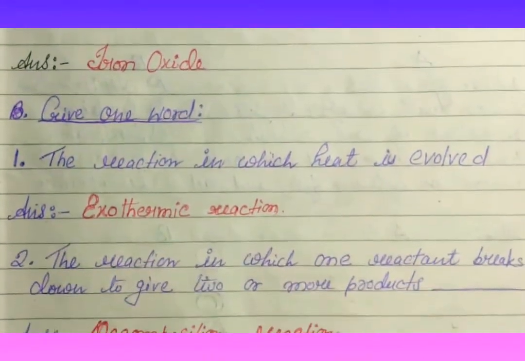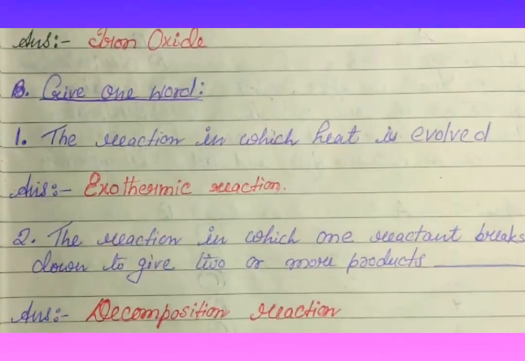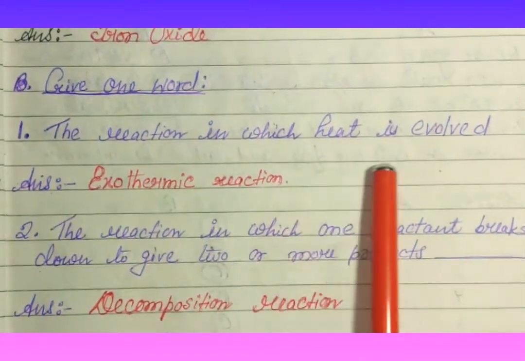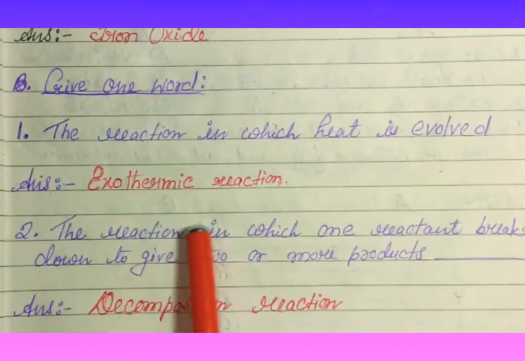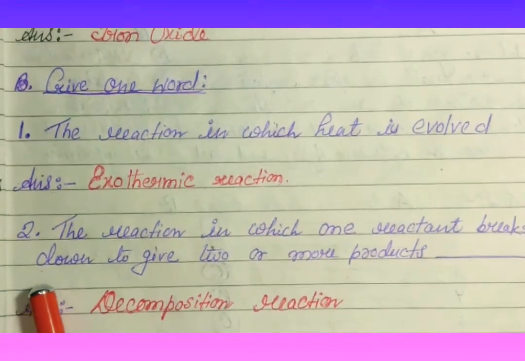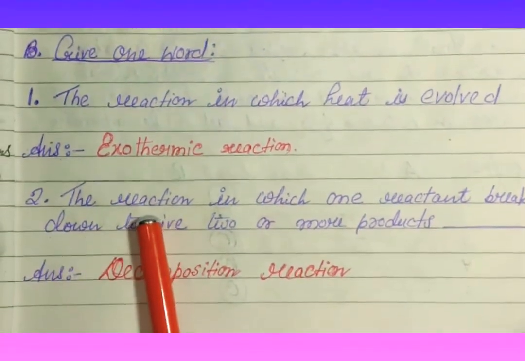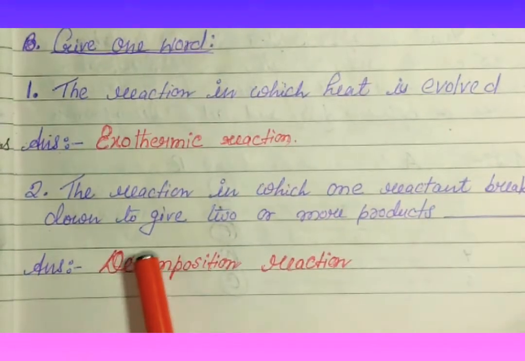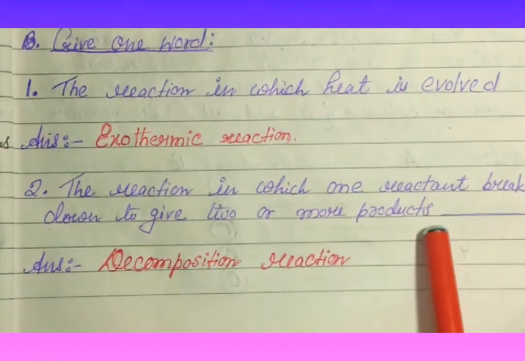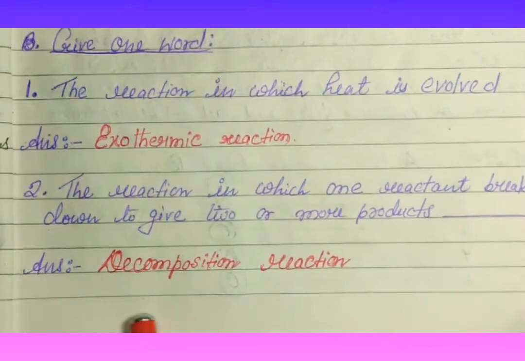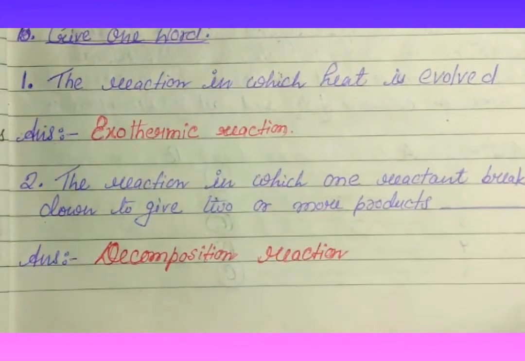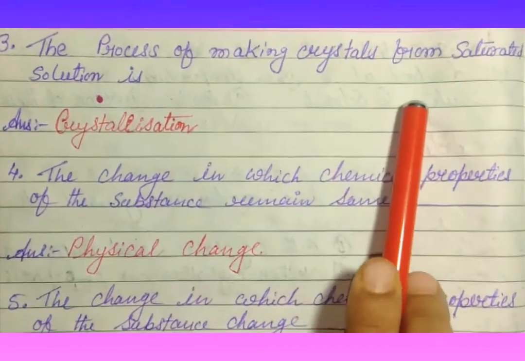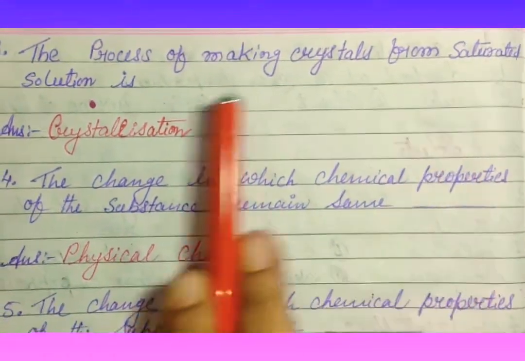Now the next question: give one word. Number 1, the reaction in which heat is evolved. This is exothermic reaction. Question number 2, the reaction in which one reactant breaks down to give 2 or more products. The answer will be decomposition reaction. Number 3, the process of making crystals from a saturated solution.